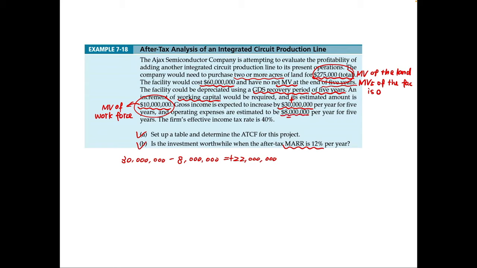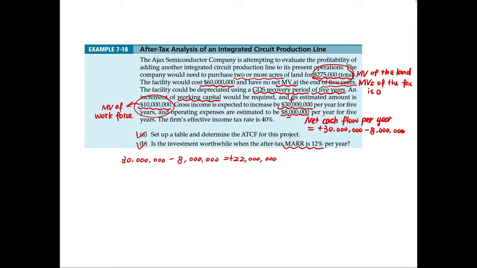So your net cash flow every year is going to be positive 30 million minus 8 million, like income minus your expenses.